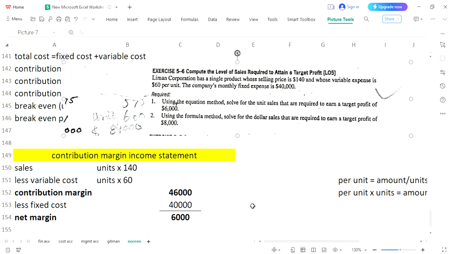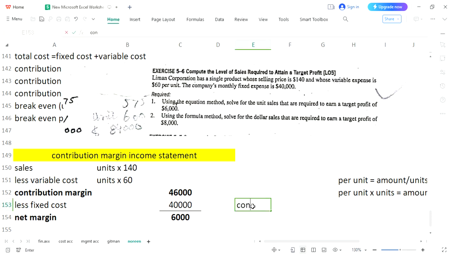If we write the contribution margin formula again, contribution margin is equal to sales minus variable cost. Contribution margin has already been calculated.